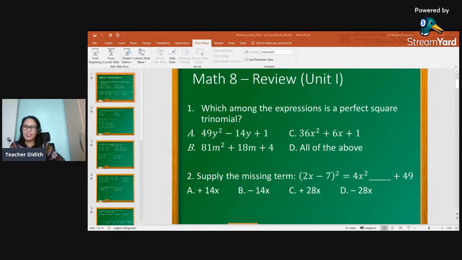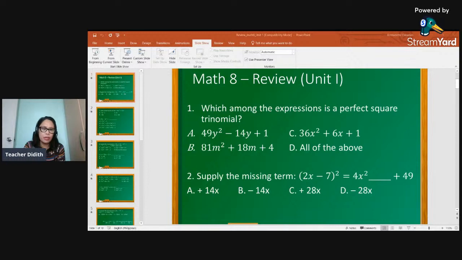Oh, you have the answer already. Guys, do you hear me? Naririnig ba yung audio ko? Clear ba yung audio ko? Okay, okay. Clear ang audio ko ha.